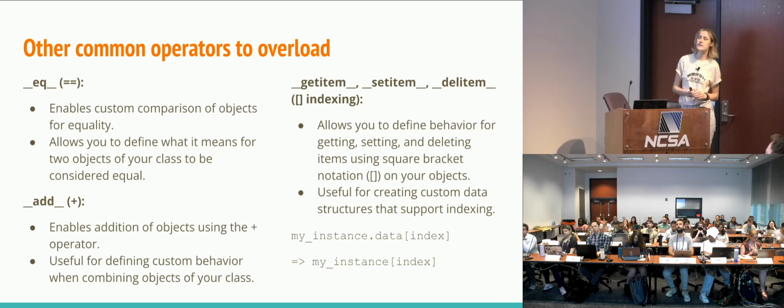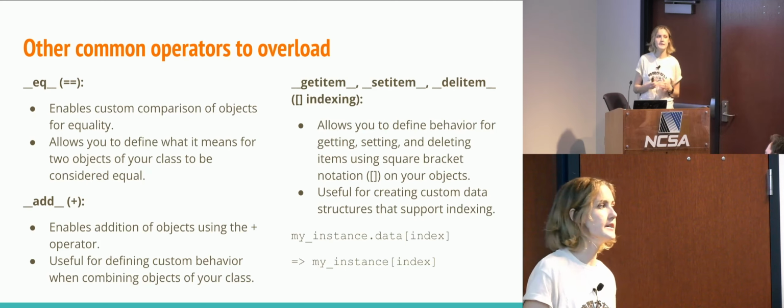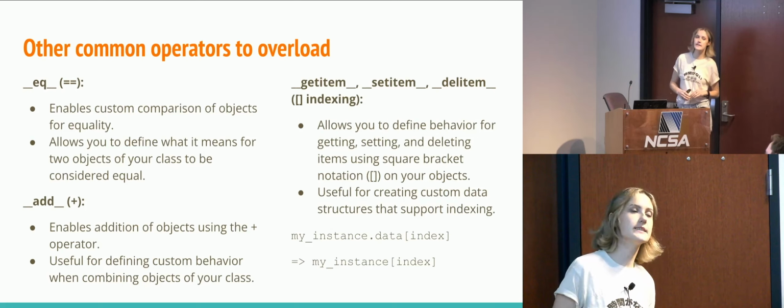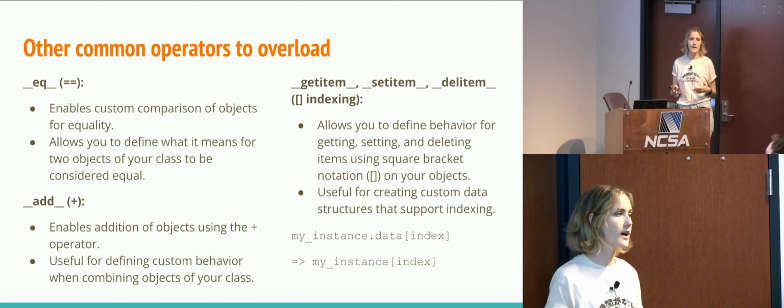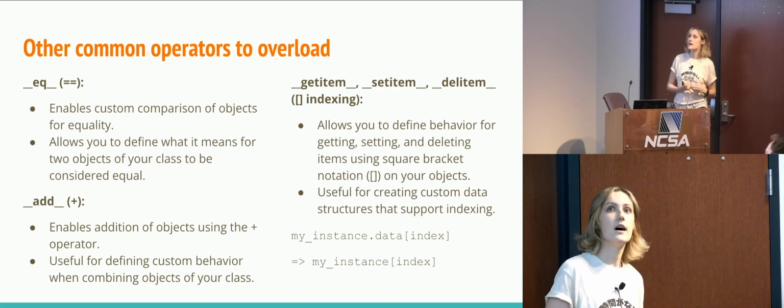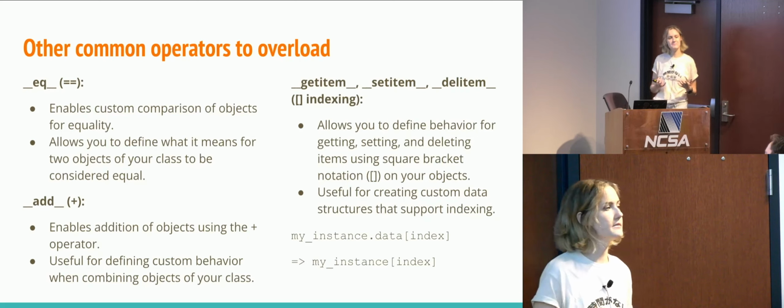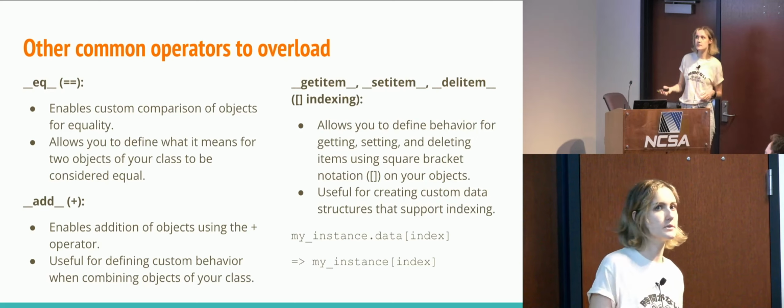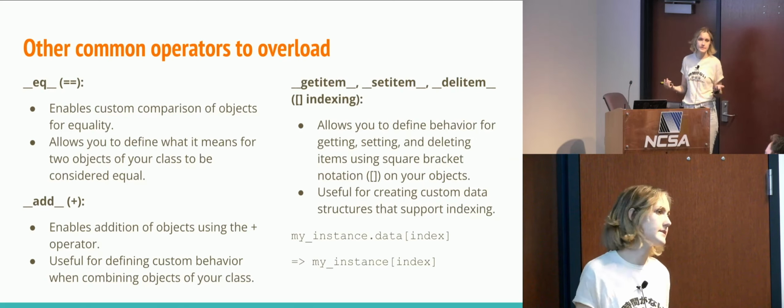Other common operators to overload include these ones up on the screen. For instance, going back to our smoothie example, if we wanted to check equality between two smoothies, and I know this was a couple days ago, we had been storing the content as lists, which are inherently ordered. So we couldn't really just naively say, hey, are the contents of this equal to the contents of that? Because we never sorted them.